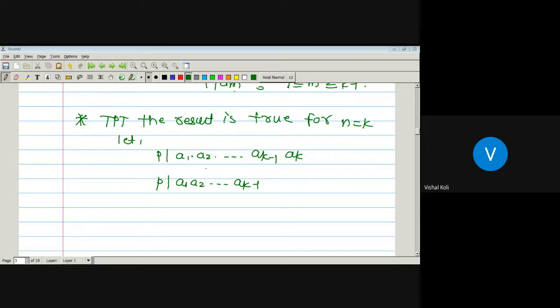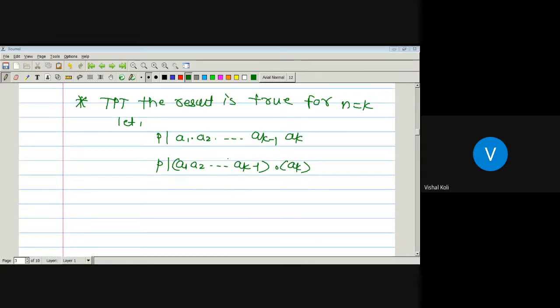As a1 a2 up to so on ak are integers, the product of these is again an integer, so we can write a1 a2 up to so on ak as a1 into a2 into up to so on ak minus 1, into ak. This is one integer, and this is another integer.